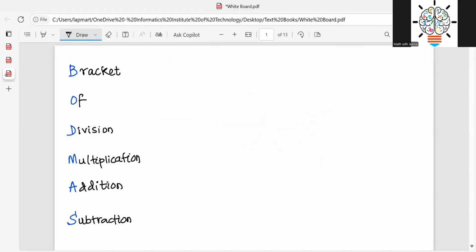Just keep this example in your mind. Whenever you do something related to all these math operations together, it will come to your mind automatically. Children, listen carefully. Let's say you go to the principal to serve the welcome drink. According to this order, he is like the bracket, the most superior person in this crowd.